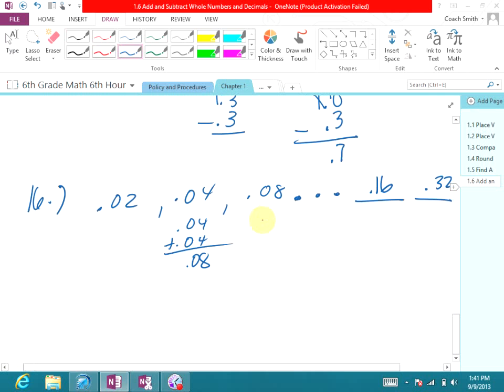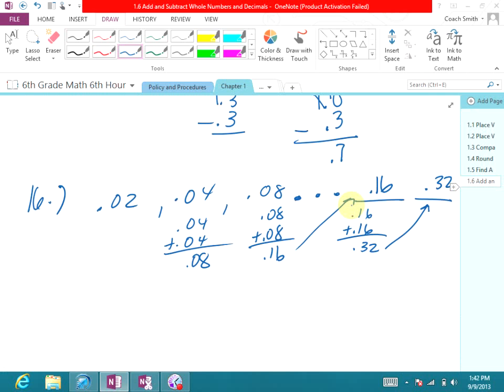Then we're taking 0.08 plus 0.08. That's 0.16. So you're taking 0.16 plus 0.16 to get the 0.32. Okay? That's how you're doing it. You're doubling it each time or adding itself to itself. All right? So that's how you do those.